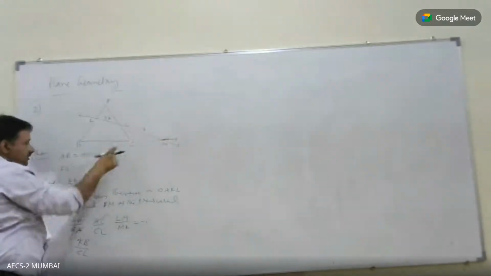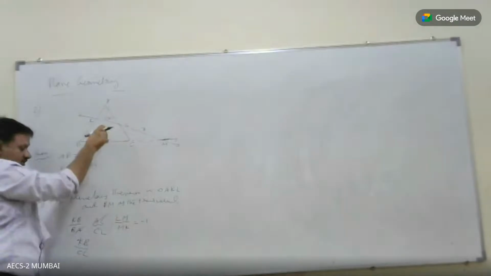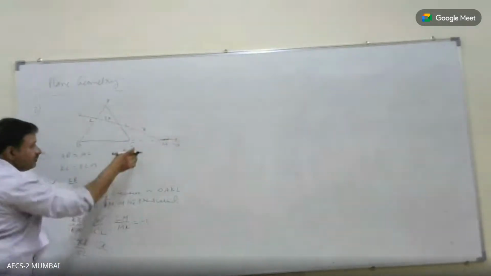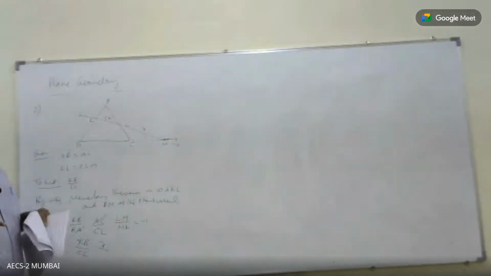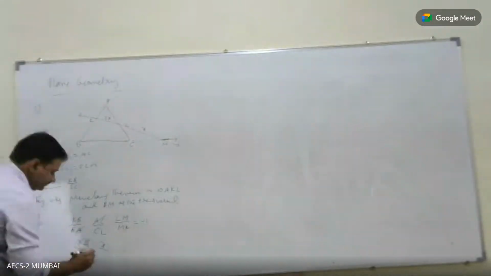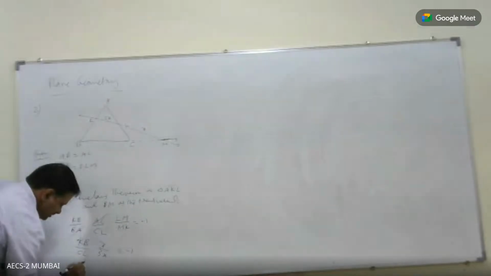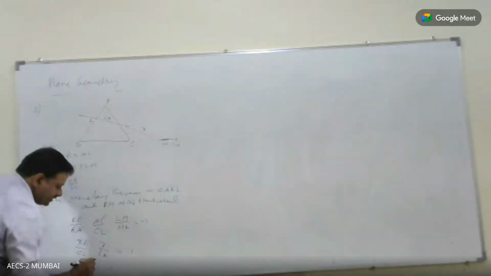So take this as x, it becomes 2x. So LM is x. How much is MK? MK should be 3x, equal to -1. So KB by CL equal to -3.